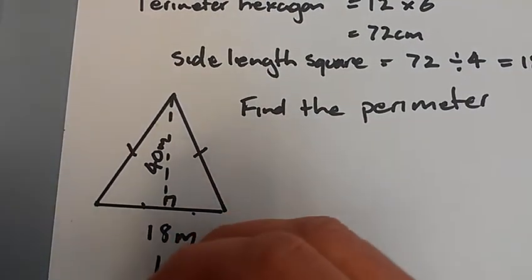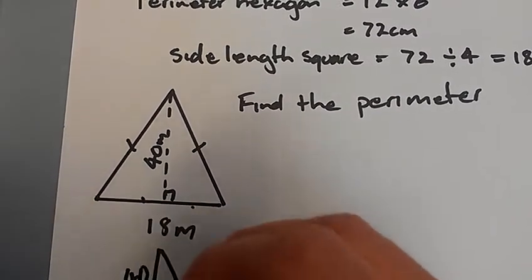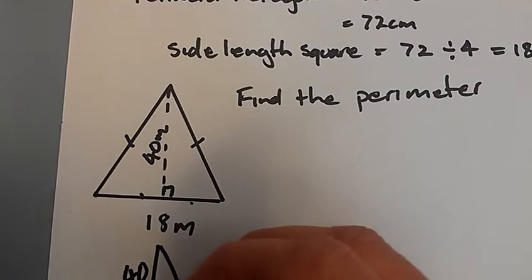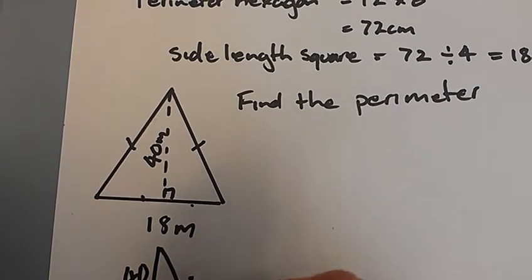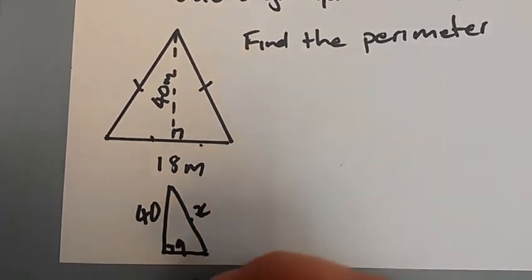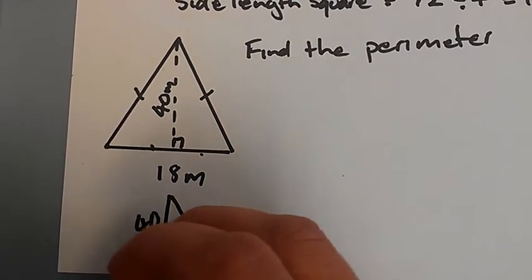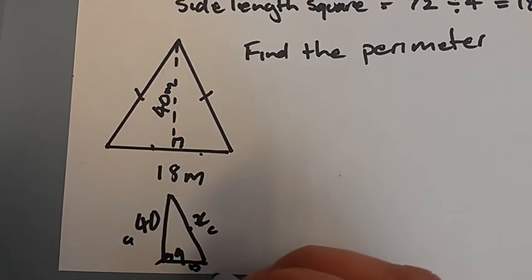So if I take half of one of those, I can see I've got a right angle triangle. This is 40, this is 9. This is the side I need to find before I can find the perimeter. So this side here, I'll call that X. Right angle triangle, I'll use Pythagoras. That'll be C, that'll be A, that'll be B down there.